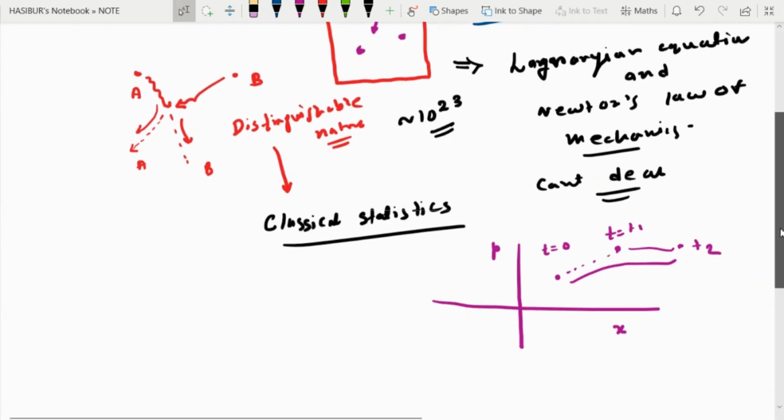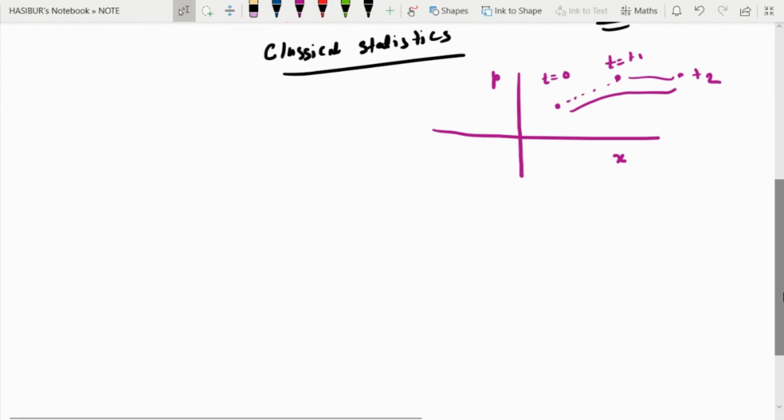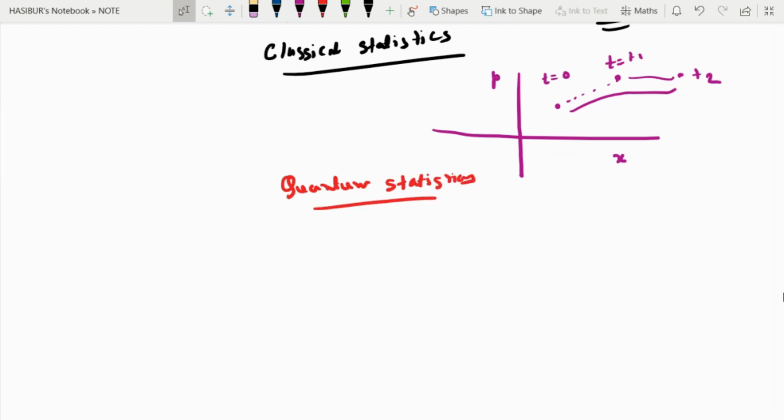Now I will talk about quantum statistics. I want to focus on this statistics. Quantum statistics is for indistinguishable, identical particles.